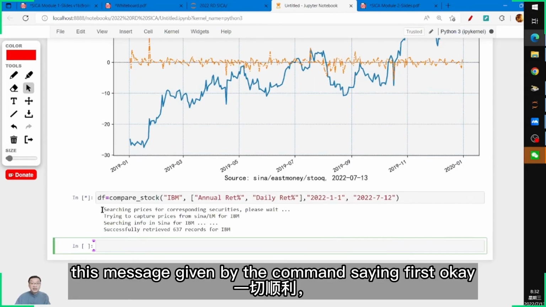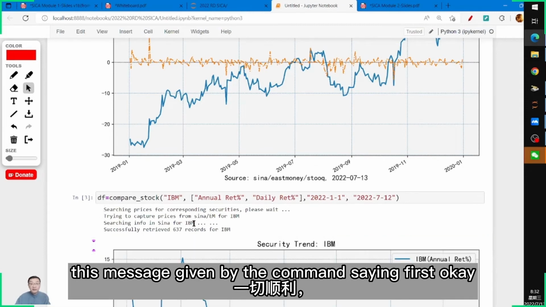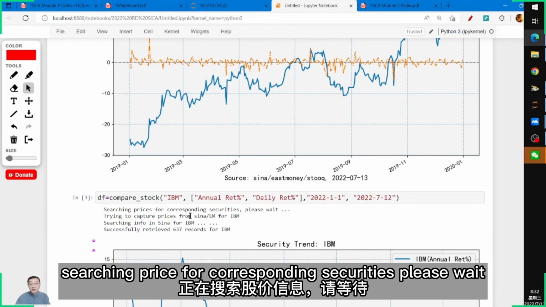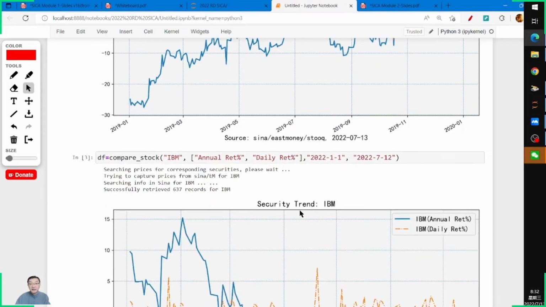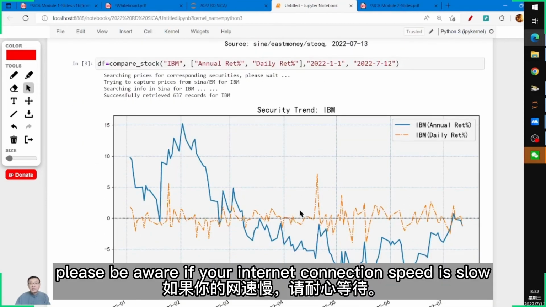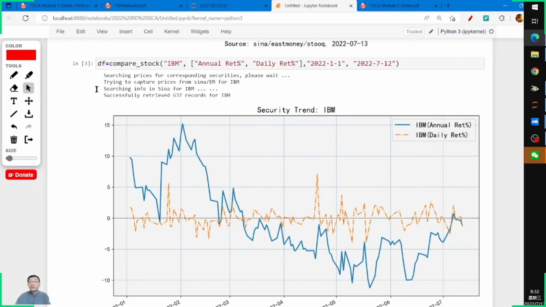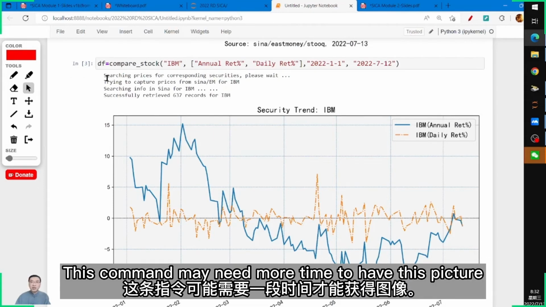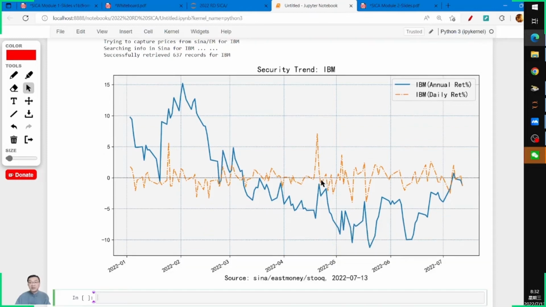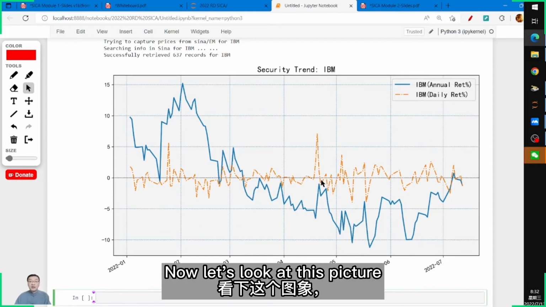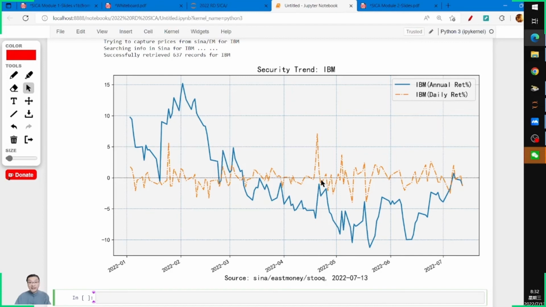This message given by the command says, okay, searching price for corresponding securities, please wait. Please be aware, if your internet connection speed is slow, this command may need more time to show this picture. Now let's look at this picture.